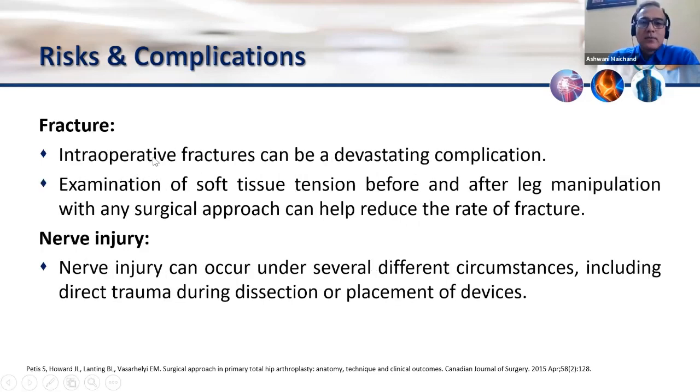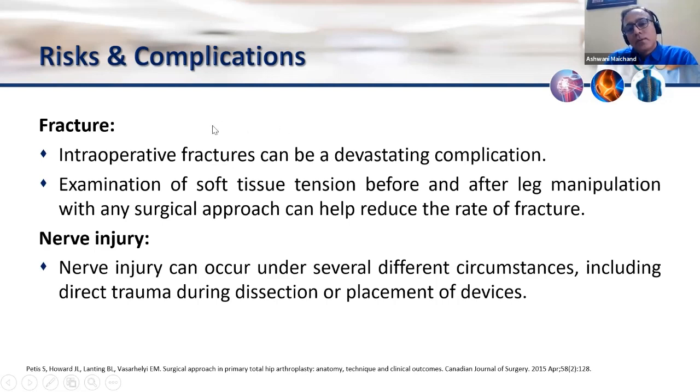So these things can happen, especially if you are doing a revision surgery. You should expect these things: difficult cases, dysplasia patients, severe deformity, fixed hips. Then you can expect these things. They can happen.